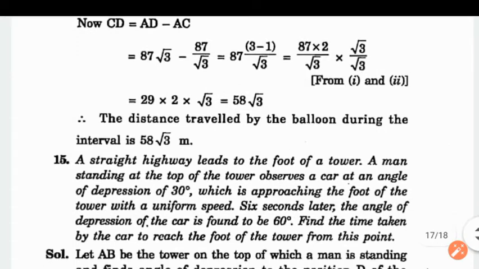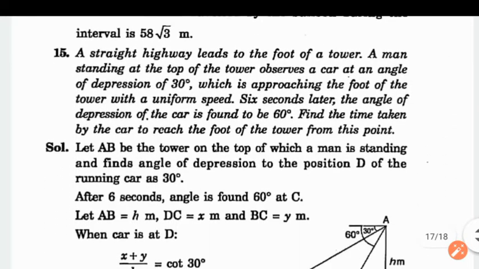Now, let us do question number 15. So, in question number 15, what do we have? A straight highway leads to the foot of a tower.